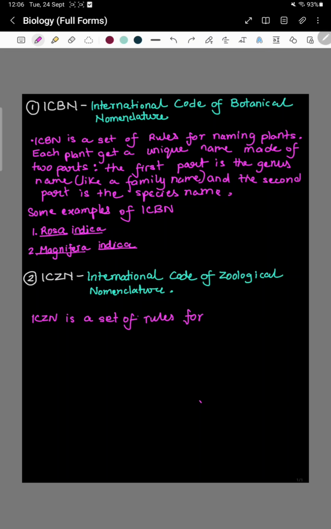ICBN is for plants and ICZN is for animals. It's a set of rules for naming animals, just like ICBN does for plants.